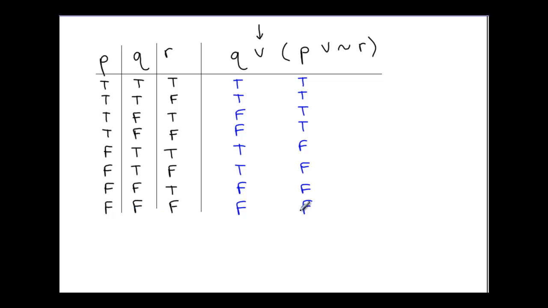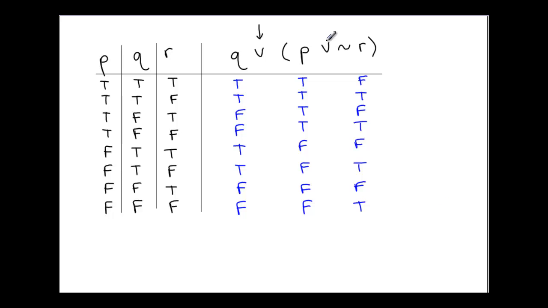It might help if you're on some lined paper. And then we want the negation of R. So instead of true, false alternating in that fashion, we're going to begin with false, since it's the opposite of true: false, true, false, true, false, true, false, true.